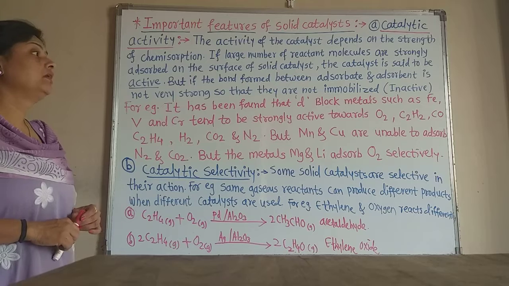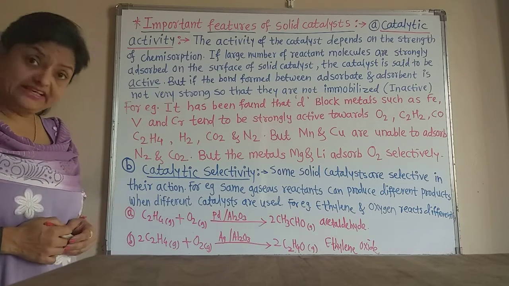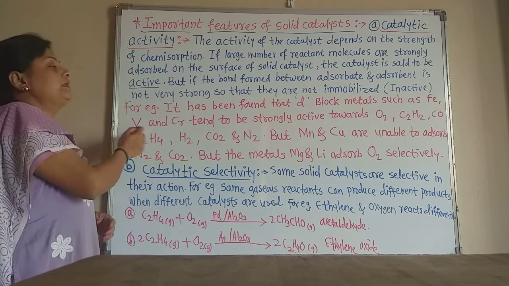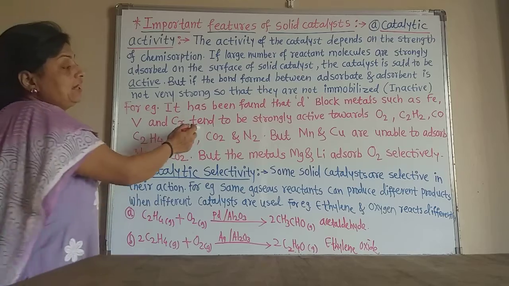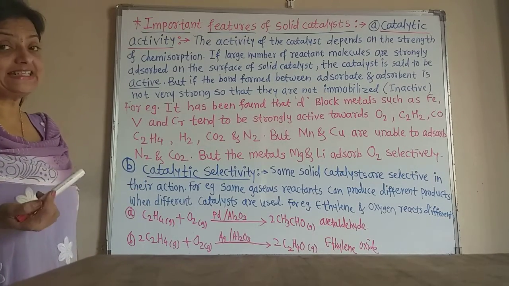Now let us learn. It has been found that the d-block metals such as iron, vanadium and chromium tend to be strongly active towards which gases?